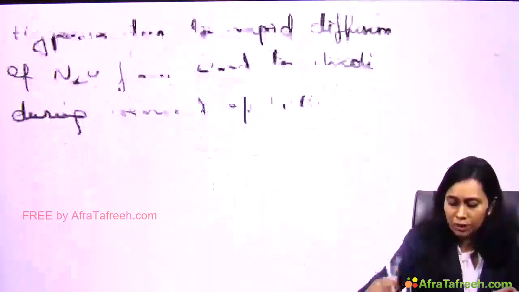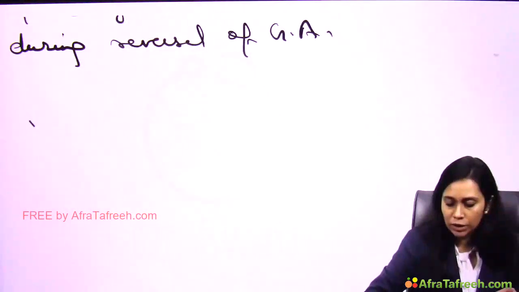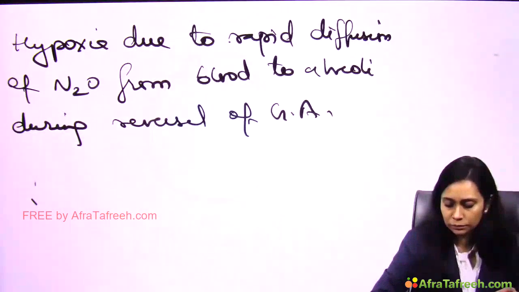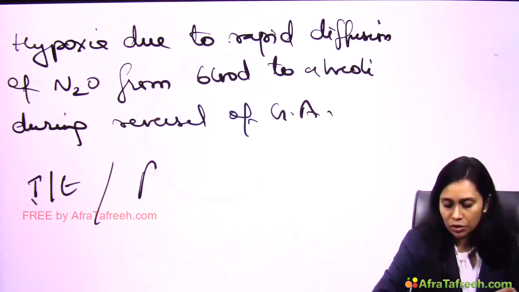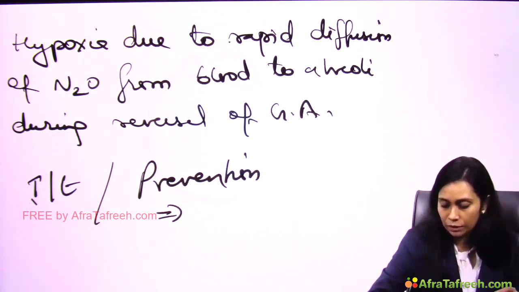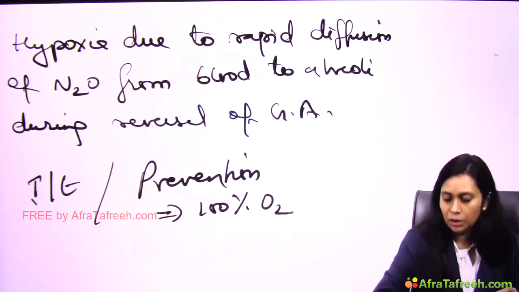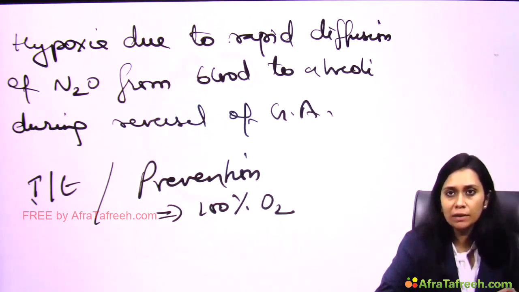So treatment and prevention of diffusion hypoxia is the same: 100% oxygen. Got it? Okay.